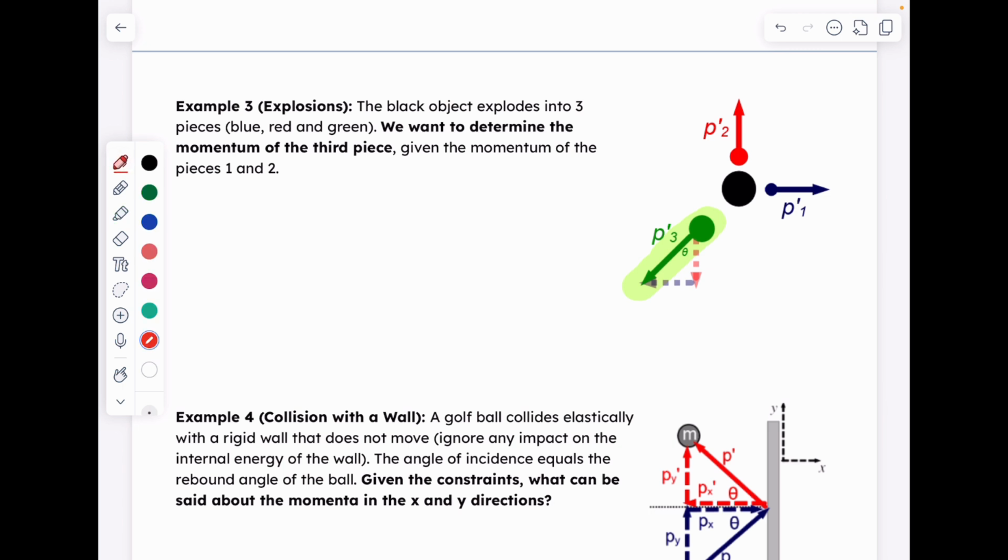So same concept as the other two. We know that the momentum in the x direction and the y direction have to stay the same. So after the fact, they should be the same. We also know that if this is an explosion of something like a firework, there is no momentum to begin with. The net momentum is 0. So that should still be the same in the end.